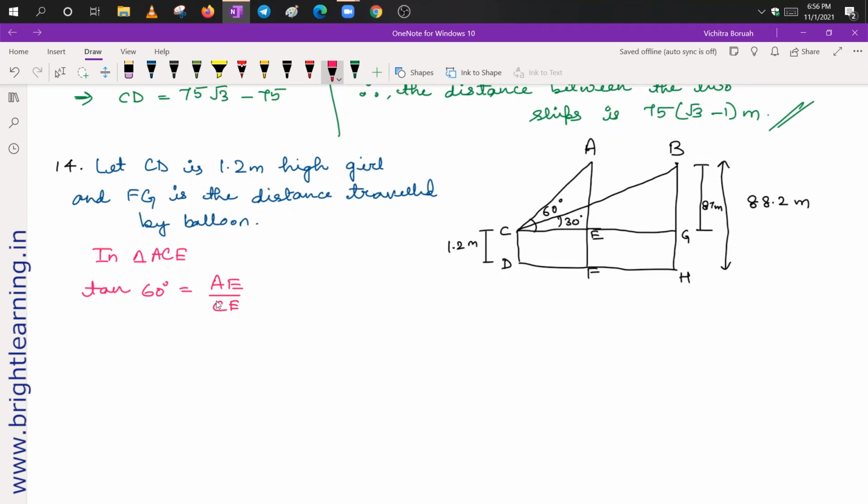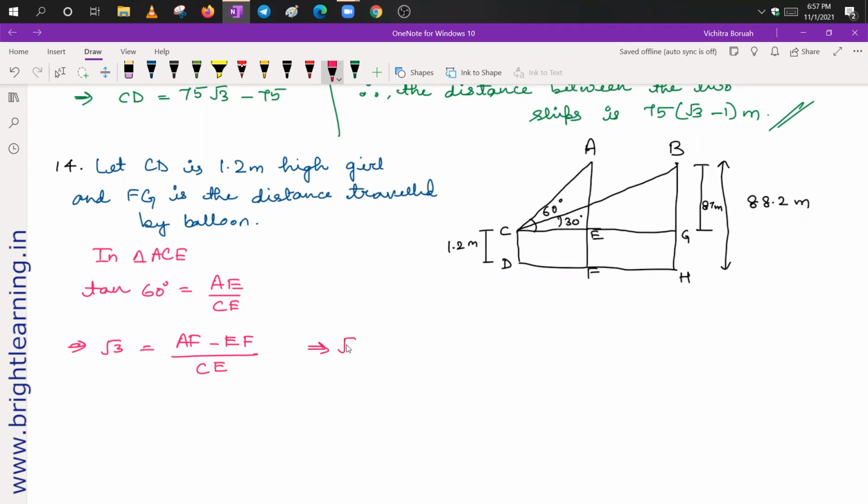Now again, what is AE? AE distance I can write as AF distance minus EF distance. So tan 60 degree, we know that it is √3. It is equal to, in place of AE, I can write AF minus EF, whole divided by CE.